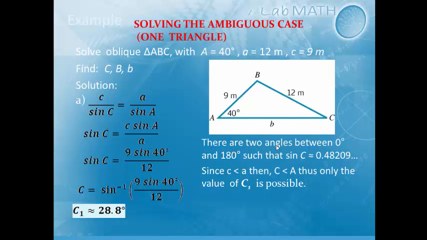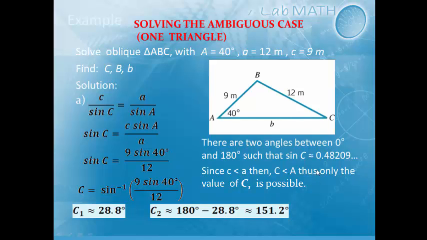Again, there are two angles between 0 and 180 degrees such that sine C is this value. Since side C here is 9 meters, that is less than side A, which is 12, we can conclude that angle C is also less than angle A. Thus the other measure of angle C is 151 degrees.